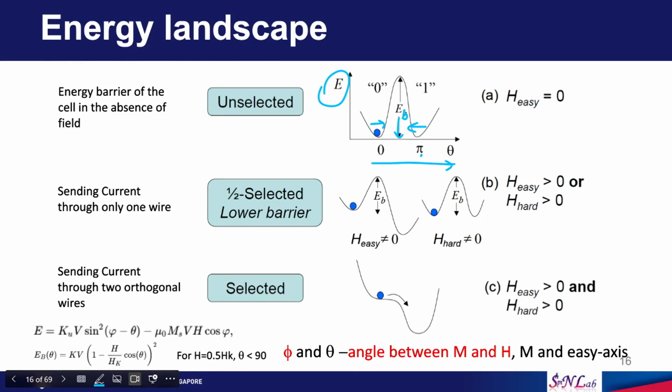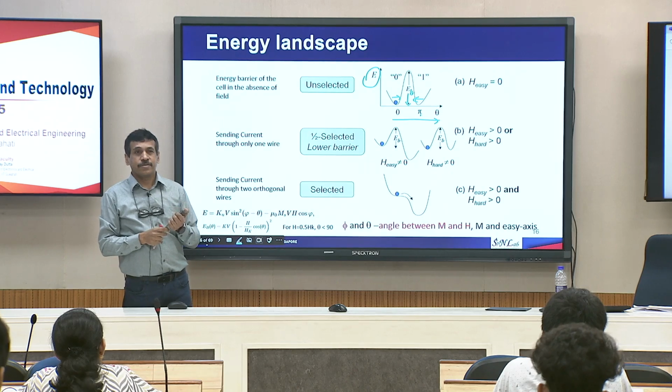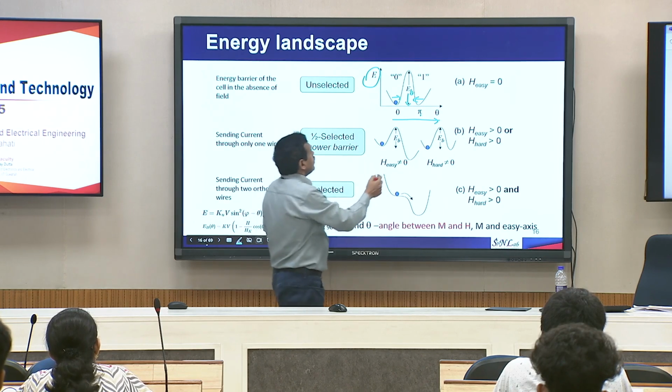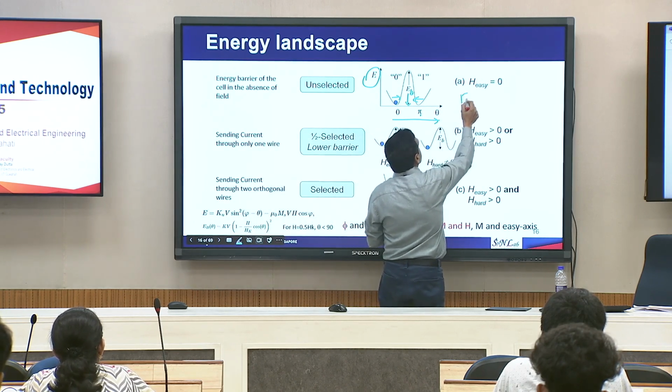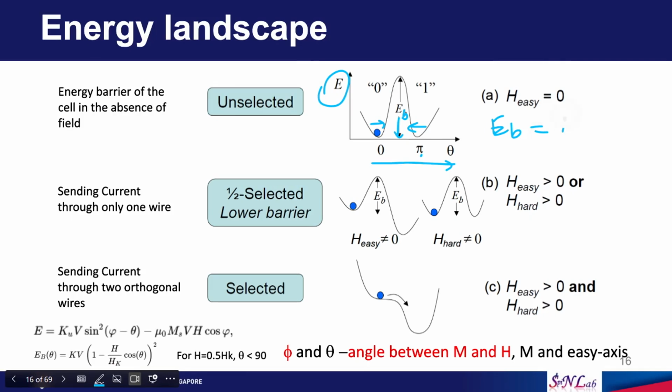Does anyone remember what is the value of E b? So, what is this E b equal to? K u V. K u is the anisotropy of the material, V is the volume of the grain. In this case we are doing lithography, so we can say the volume of the island.